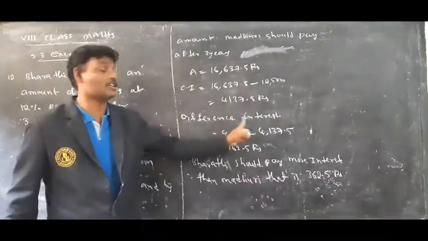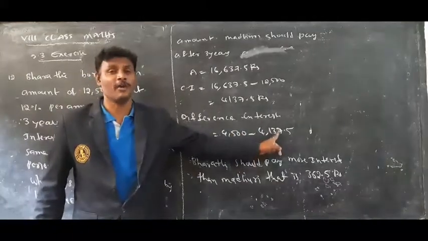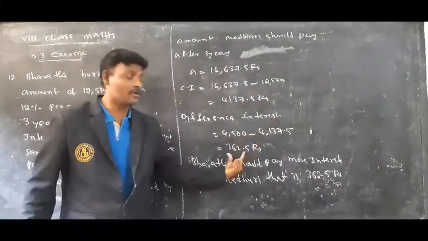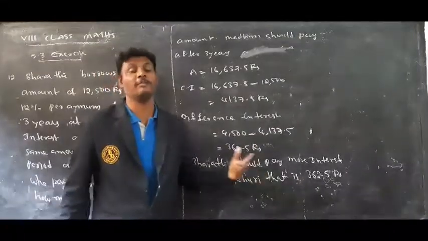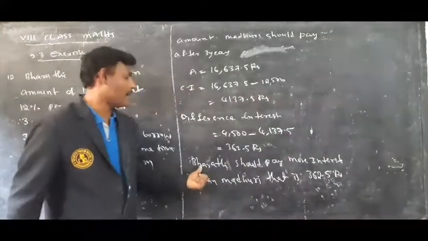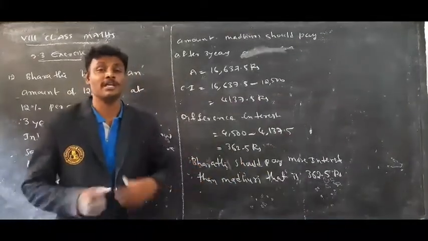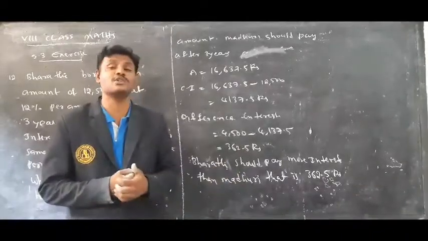The difference in interest is 4,500 minus 4,137.5, which is 362.5. It means Bharati should pay more interest than Madhuri, 362.5 rupees more.